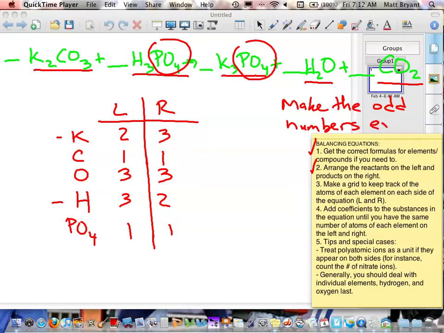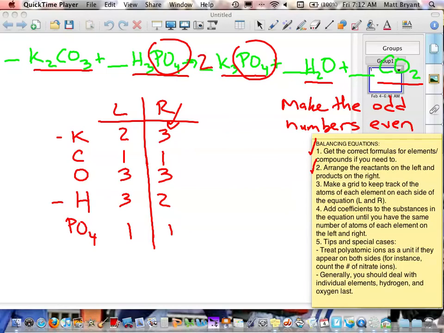In the context of balancing equations, where the only thing you can do to change anything is to multiply by a coefficient, what coefficient will get you an even number? That would be 2. So, go ahead and put a 2 in front of the number that's odd. In this case, we're going to put a 2 right here in front of potassium phosphate.